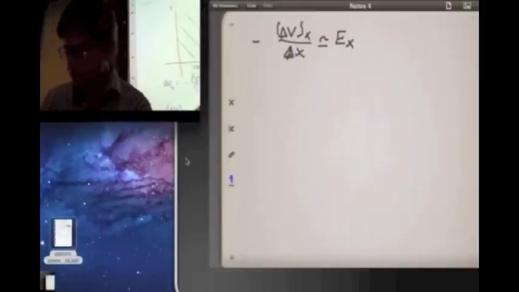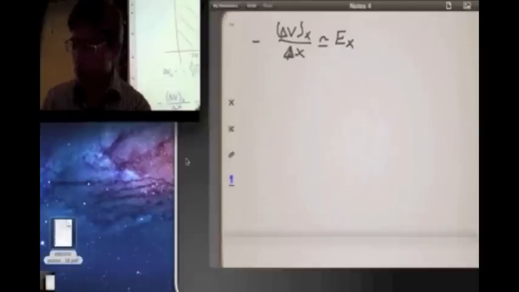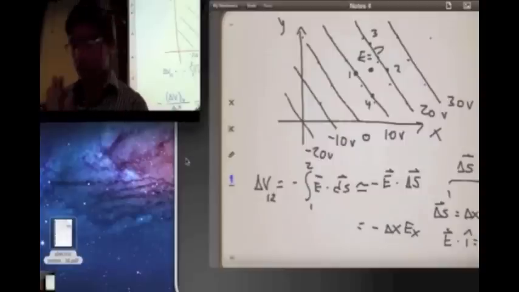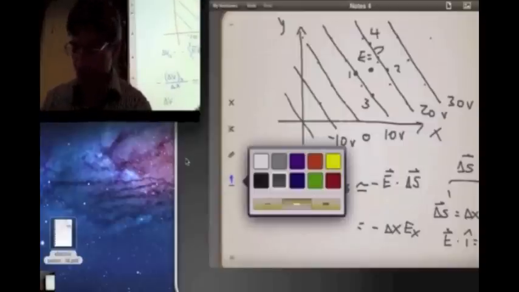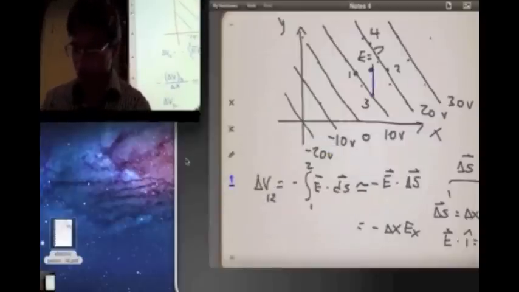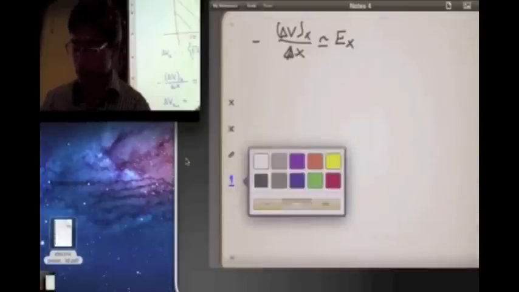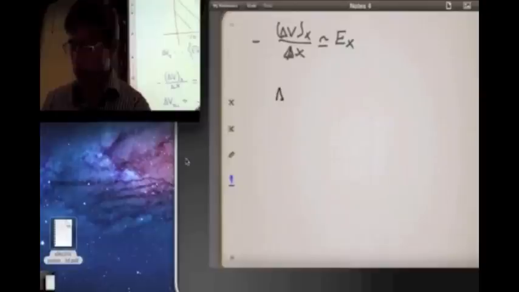Similarly, if you now take a path that takes you from point 3 to point 4, in the neighborhood of the point where you're trying to find the electric field, well, now you're moving vertically, right? So the difference in potential between points 3 and 4 should be approximately equal to minus E dot delta S, where the delta S vector now points in a different direction.